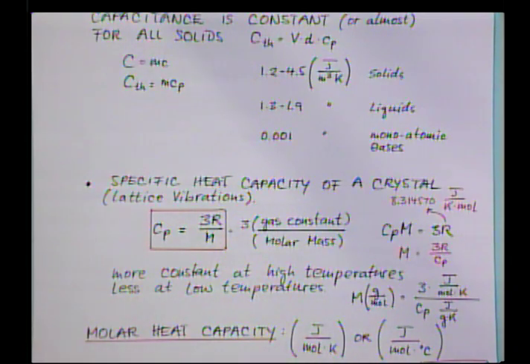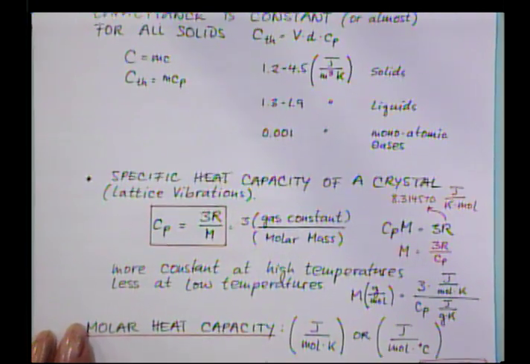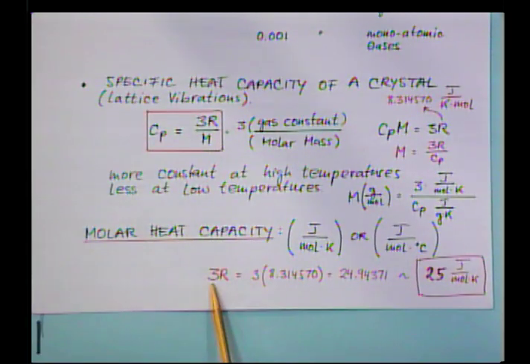We are not using the value that we were using for the gas laws. We're using another value here that relates joules per Kelvin per mole, not liters atmospheres, but joules. So we get another value, and when we calculate it out, 3R is roughly 25 joules per mole per Kelvin.